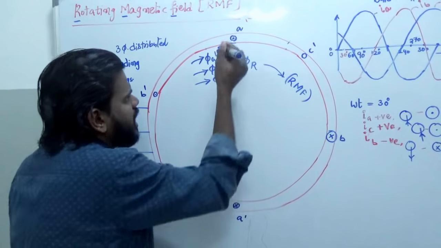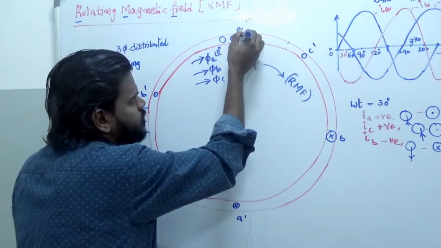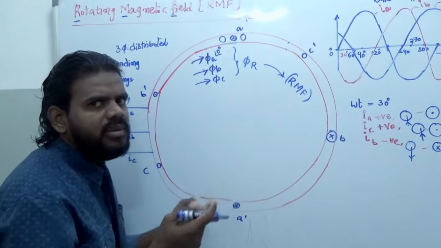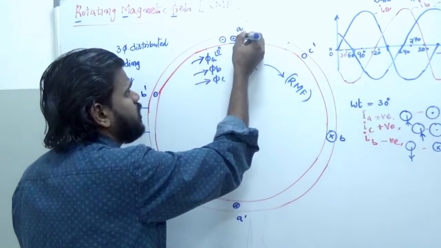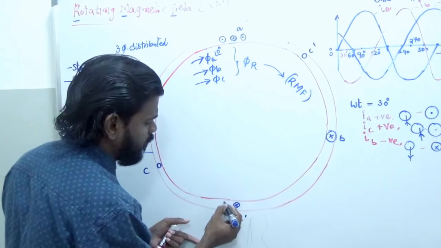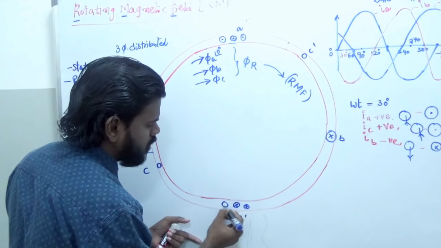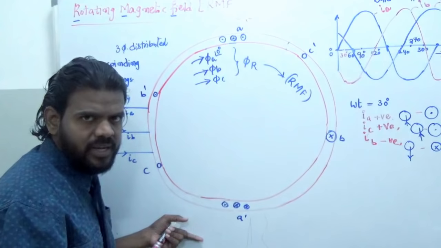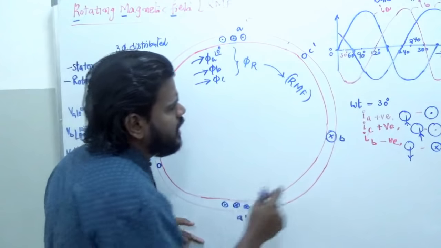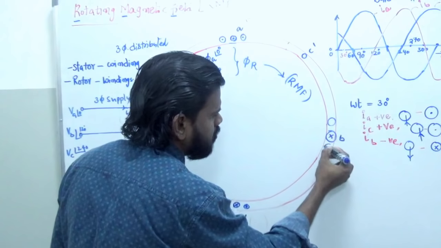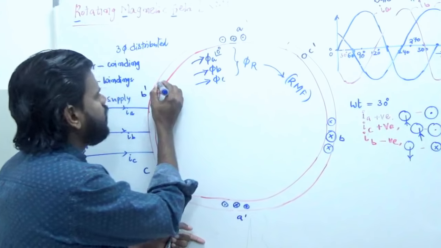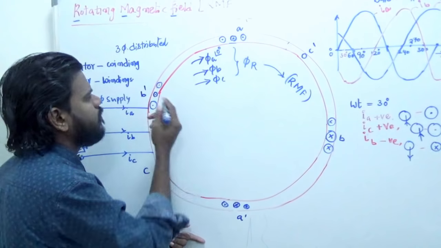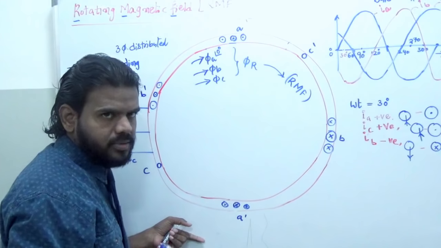Maybe I can take more conductors here, no issues. Phase A may have 50 conductors, but all of them have the current direction inwards, and here all of them outwards. Here also you can take more conductors coming out and here going in. Are you understanding, my dear? Hope you are with me.